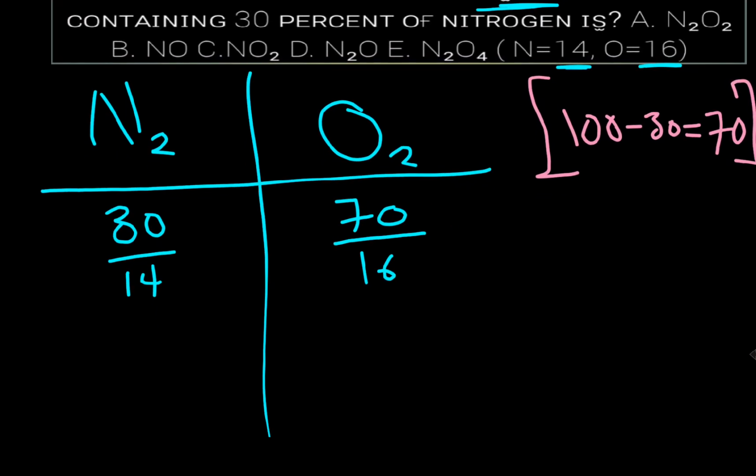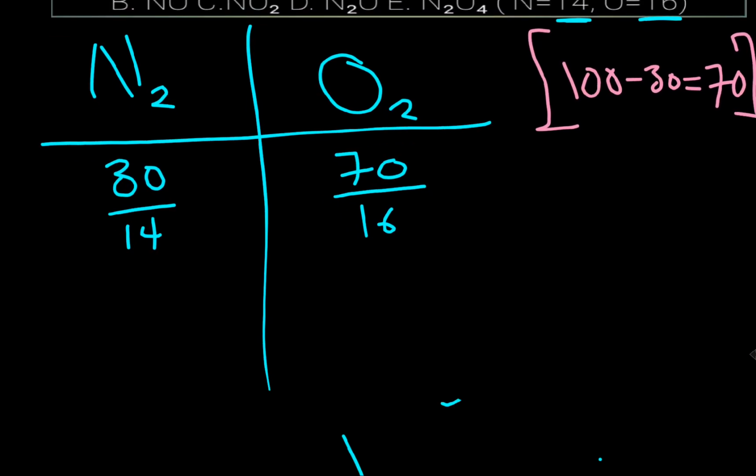And going further, 30 divided by 14 would get 2.14. And also 70 divided by 16 would get 4.37.